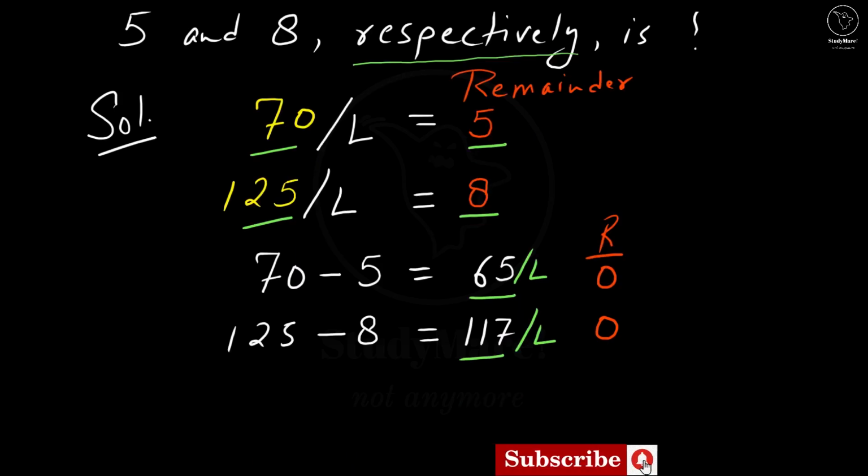Now 65 and 117, these are the two numbers which have to be divided by a single number, the highest number, and that is what we are talking about, the HCF. It's simple and straight. Now we have to find the HCF of 117 and 65. And if you have watched my previous video, it is the same question from now onwards. But let's do it here also, just to make it easy and understandable.